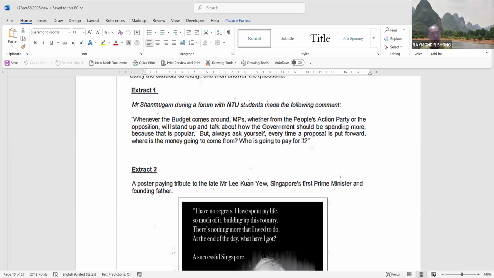Wait, one minute. If you know about the ABC, so it's definitely B and C. Because Mr. Shanmugam continued to be our law minister, if I'm not mistaken, from 2002 to 2005, he's still the law minister. This one you must know, because some of the ministers, when they say they are the education minister, they are no longer in the role, so he becomes an ex-education minister.